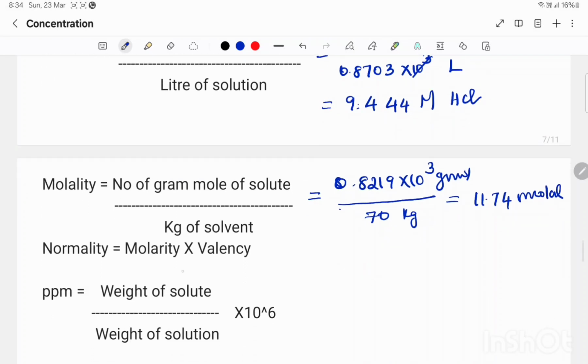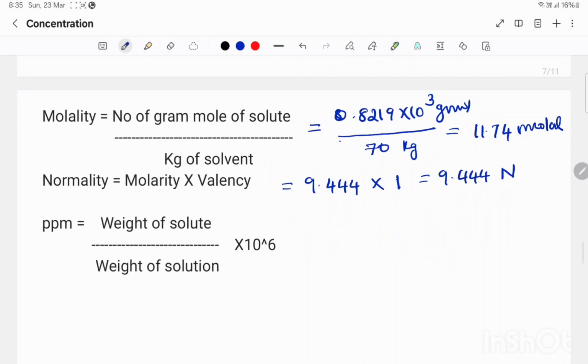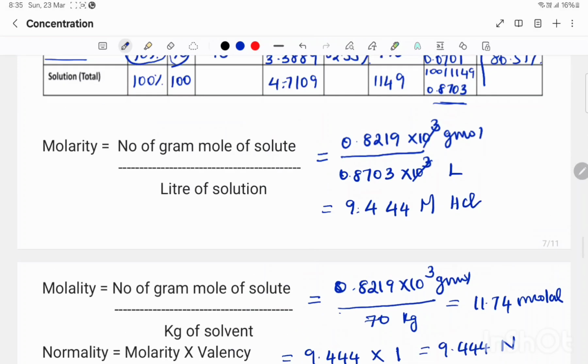So next, normality can be calculated by multiplying molarity into valence. So we know molarity is 9.444 and in the problem itself the valence is given as 1. So normality is 9.444 normal. And next let us calculate ppm. Weight of the solute by weight of the solution into 10 raised to the power 6.